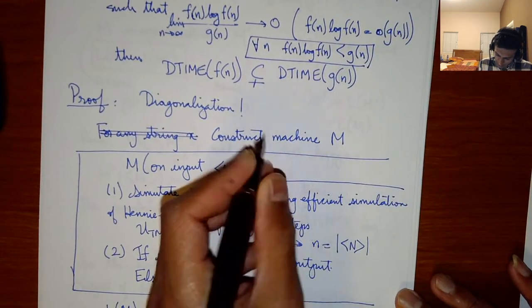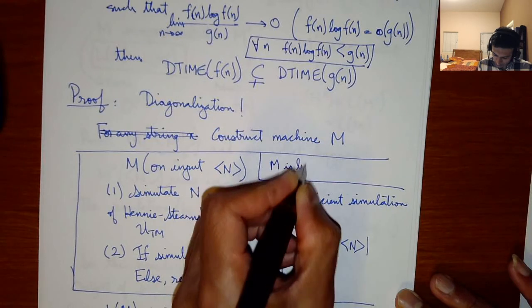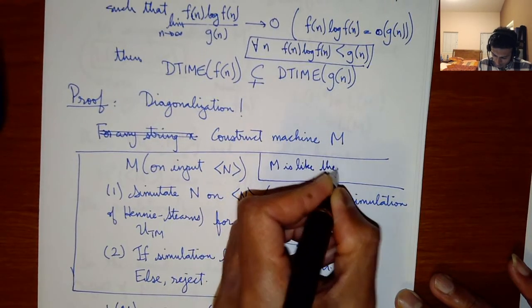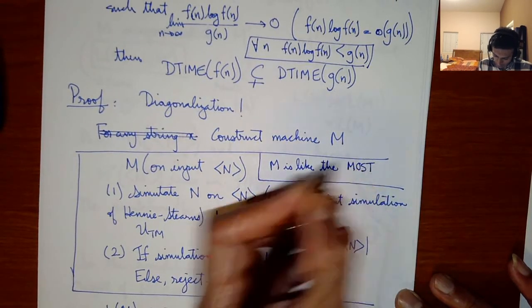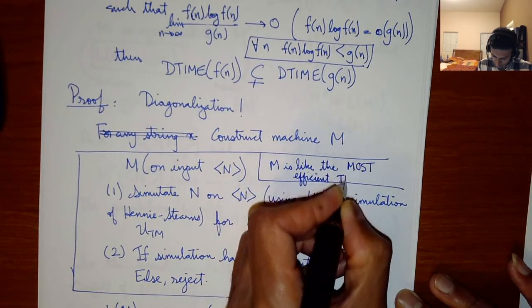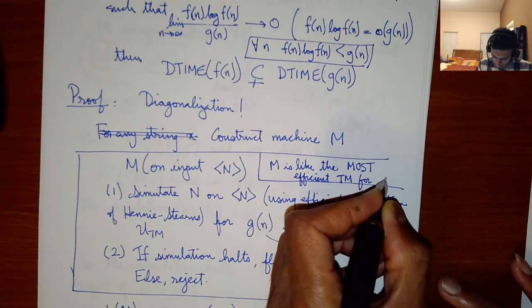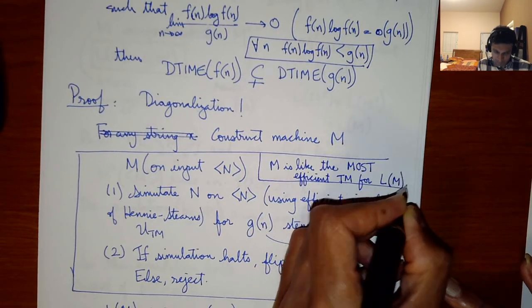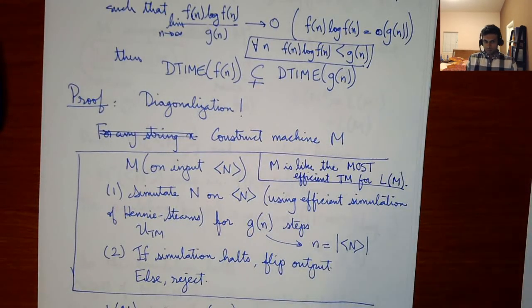So M is the most efficient Turing machine for the language LM. Almost, right? Up to the simulation factor that you get with a log, it's essentially the most efficient Turing machine for the language.